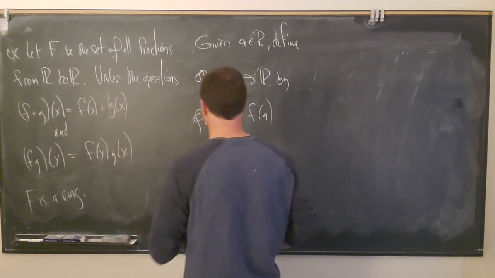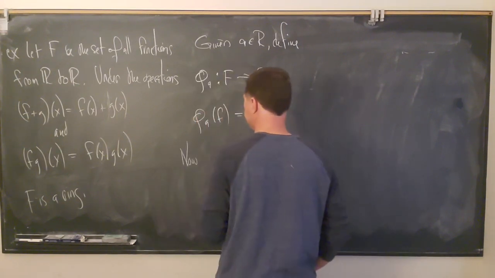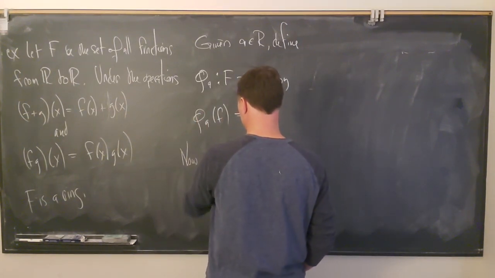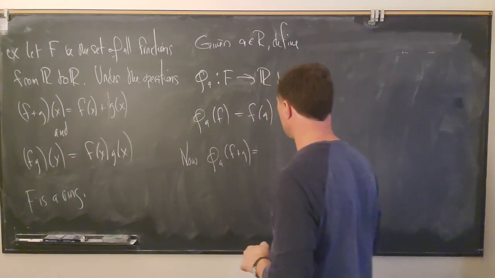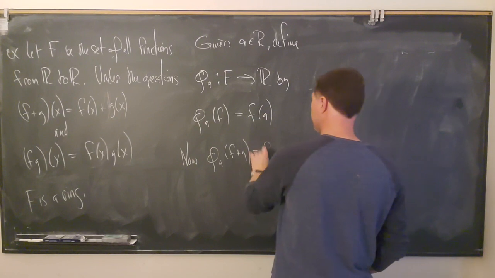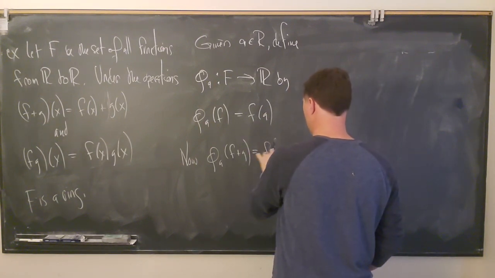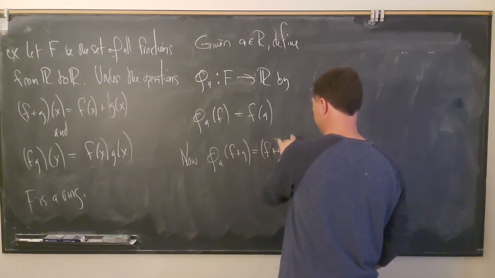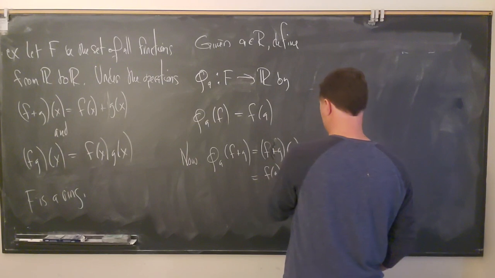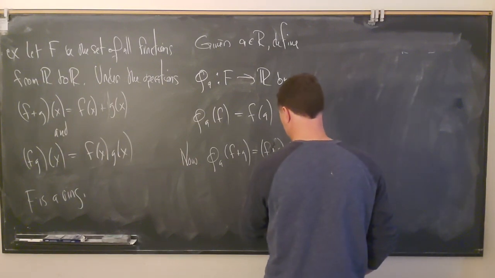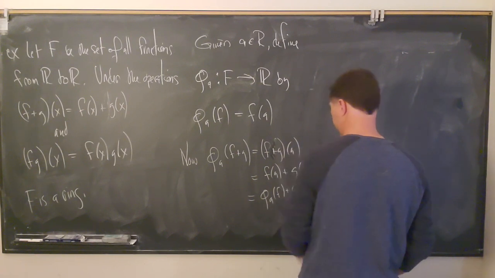So now, if I do phi sub a of f plus g, that's going to be f plus g of a, which equals f of a plus g of a, which is exactly phi sub a of f plus phi sub a of g.